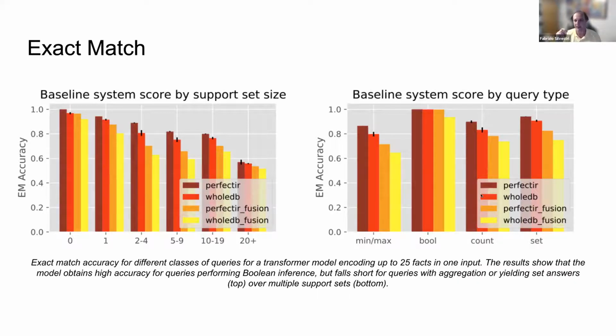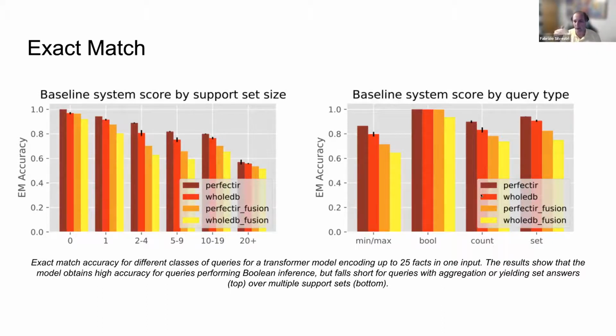And perfect IR is actually a strategy that consists in a sort of oracle strategy. That is, we know which facts are necessary to answer the query. So we only feed to the transformer those facts. Whereas WholeDB is the opposite. We feed to the T5 all of the facts.